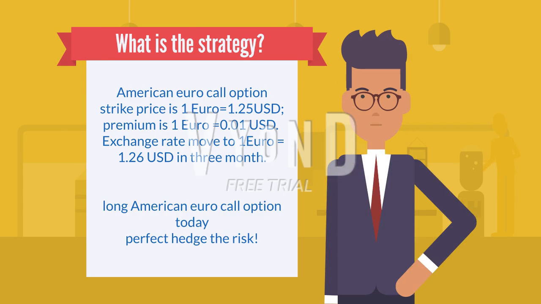What is the strategy? We assume an American euro call option with a strike price of 1 euro equal to 1.25 US dollars. The premium of this call option is 0.01 US dollar per euro. Three months later, the exchange rate moved to 1 euro equal to 1.26 US dollars.